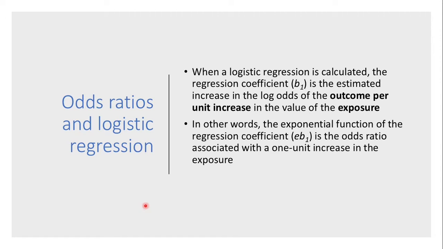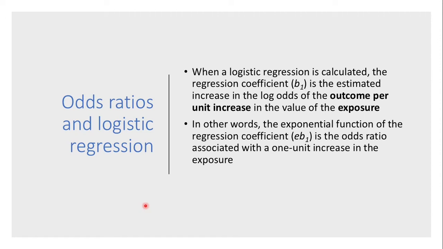So the primary result that we're looking for with logistic regression is that it presents odds ratios, which we talked about earlier. The regression coefficient, when it's calculated, is the estimated increase in the log odds of the outcome per unit increase in the value of the exposure.